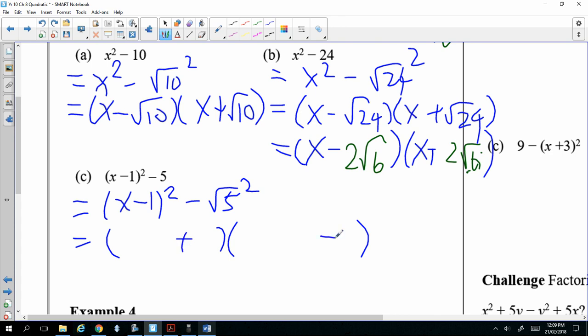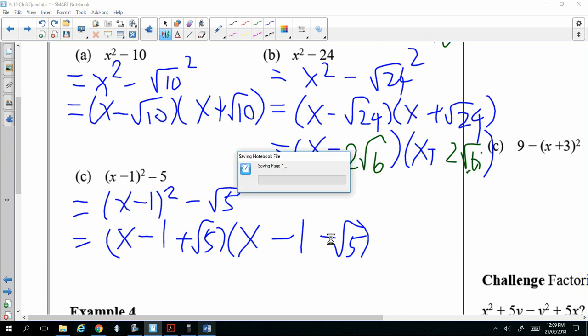So the plus, you root 5, and the one in front, you write down x minus 1, x minus 1. And there's no like term, so we can't add the 1 with the root 5, so we just leave it like that. Okay, good. Any question?